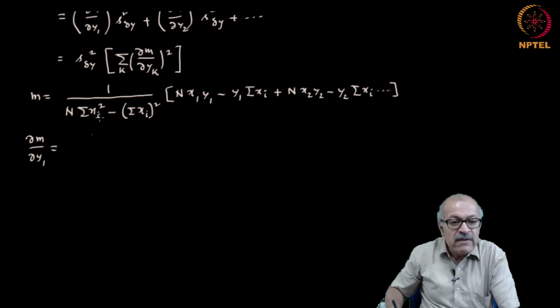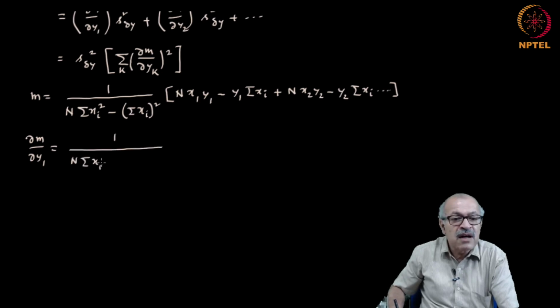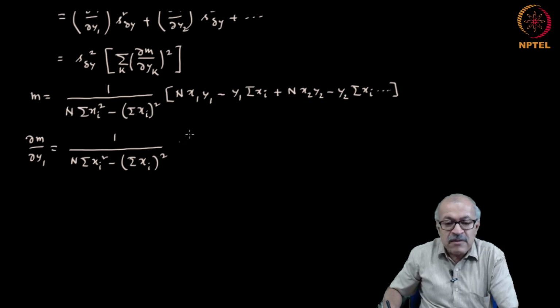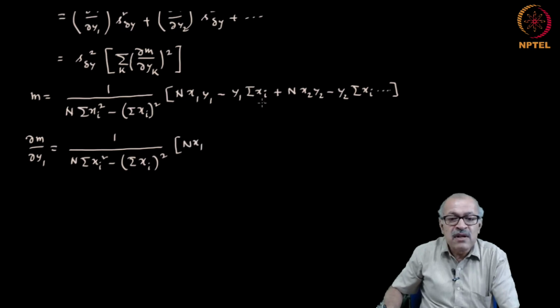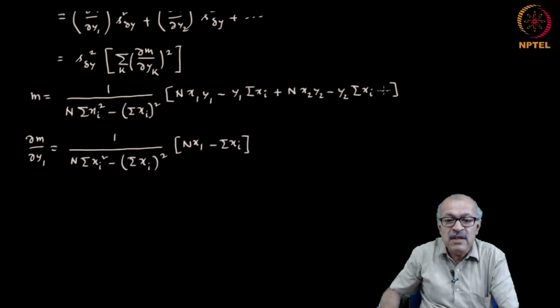If I take the derivative, the denominator remains the same, n sum xi square minus sigma xi whole square. The numerator yields, for the first one, only n x1 minus sum over xi, and that is it, because the rest will disappear.